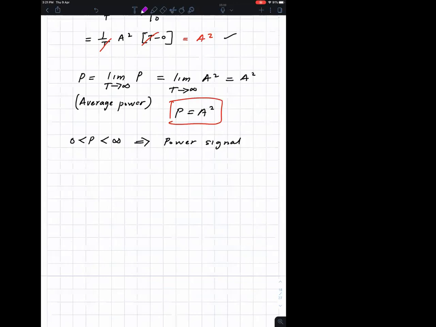Next example is, say you have a signal like this. You have seen this signal before.